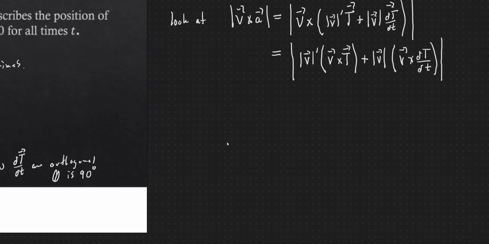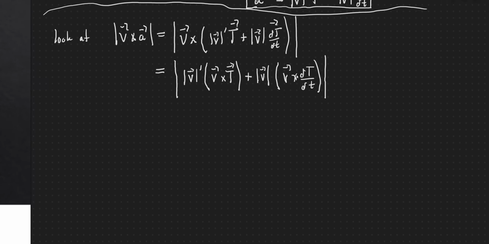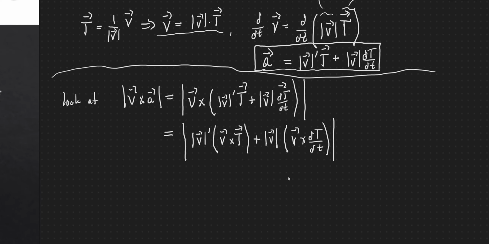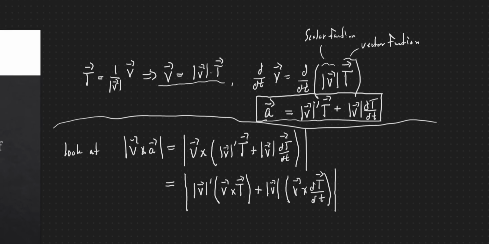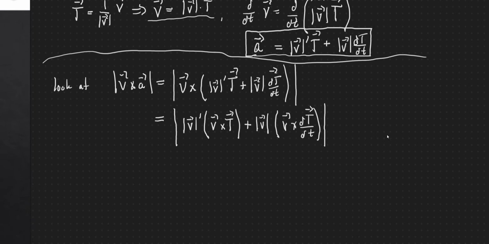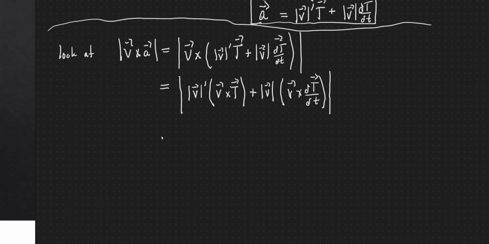I know that, but I also have v here and dT/dt. So perhaps I can make this v look like T, right? We know there's a relationship between v and our unit tangent vector. Remember, v is magnitude of v times the unit tangent vector. So I'm going to go ahead and replace that over here.